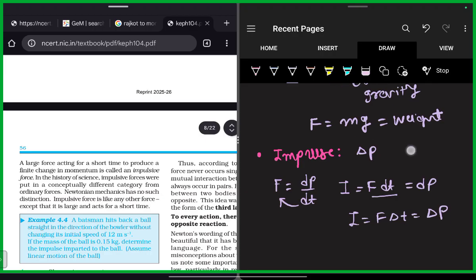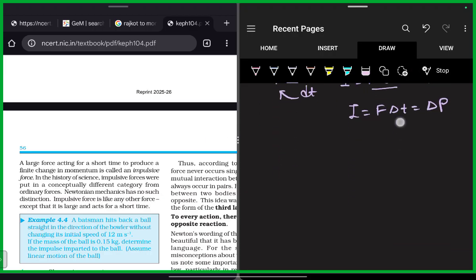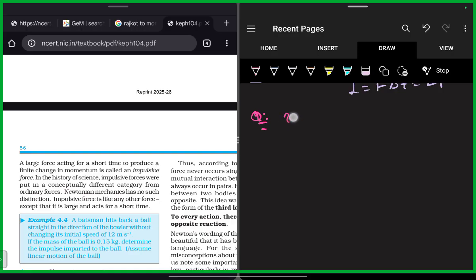So based on this topic, let's discuss question 4.4. A batsman hits a ball straight in the direction of the bowler without changing its initial speed of 12 meter per second. If the mass of the ball is 0.15 kilogram, determine the impulse imparted on the ball. So impulse is given by F dt or delta p, right?